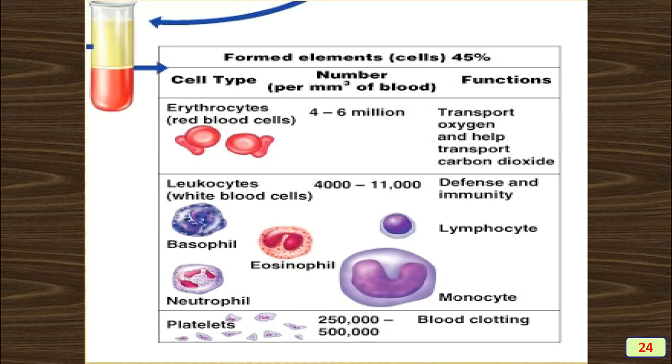So the cell types, erythrocytes, leukocytes, basophils, and the platelets, have different types of structures. Erythrocytes, as you know, are produced from the bone marrow.